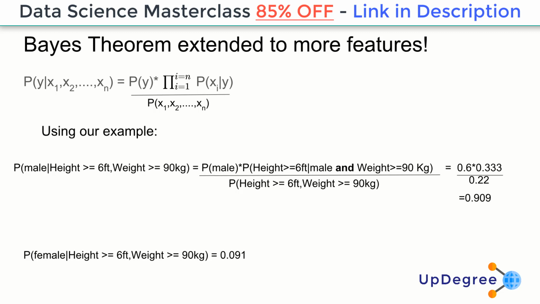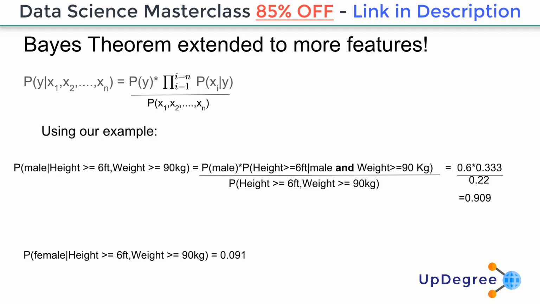Well, we already know the probability of the male class, that's 0.6. Now, if you remember our distribution, we had 60 males, out of whom there were 20 who were both 6 feet tall as well as more than 90 kilos.